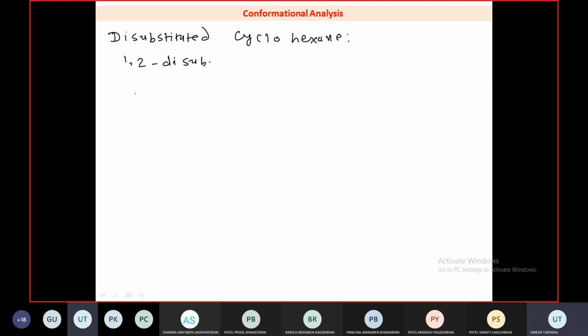Two groups are there at 1 and 2 position, like whether you are having this one. This is called cis, where the two groups are cis, and this is called trans, where the two groups are in opposite direction. So you can have this type of structure.